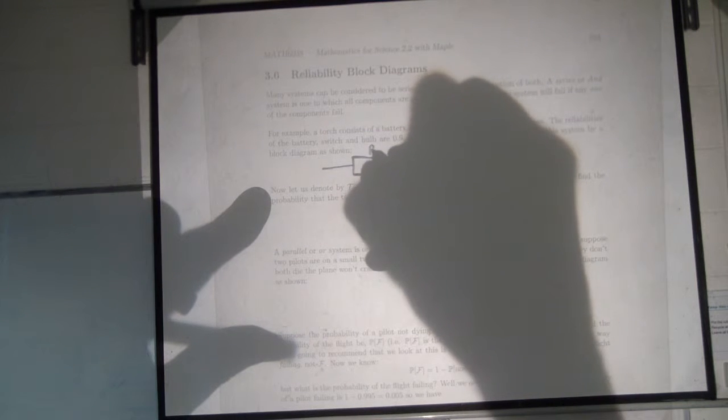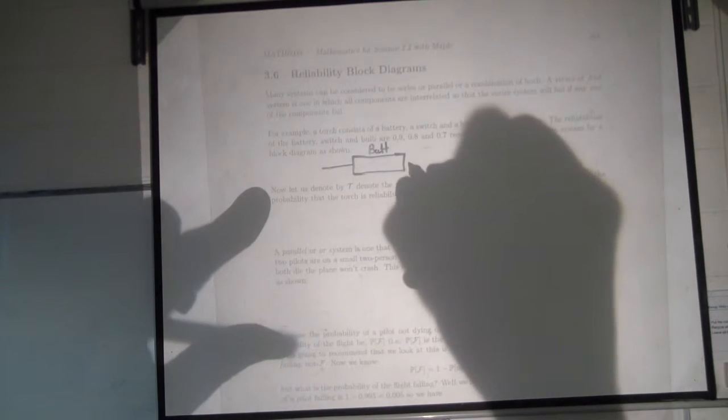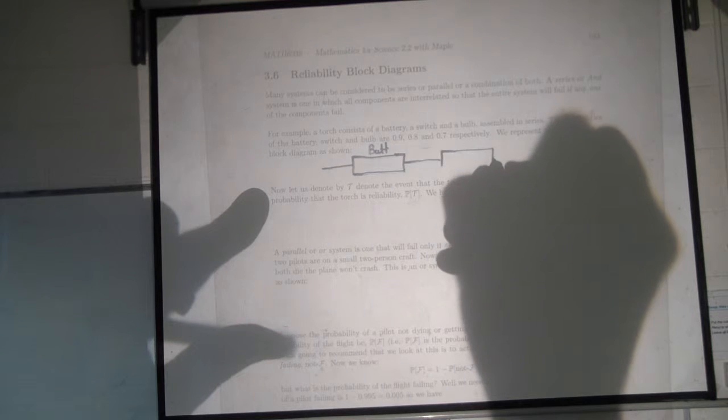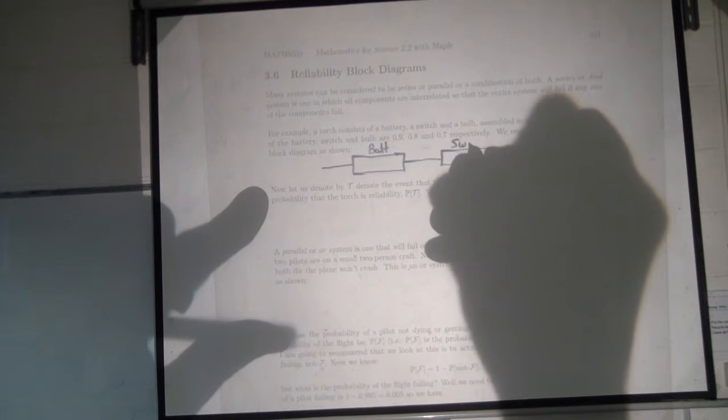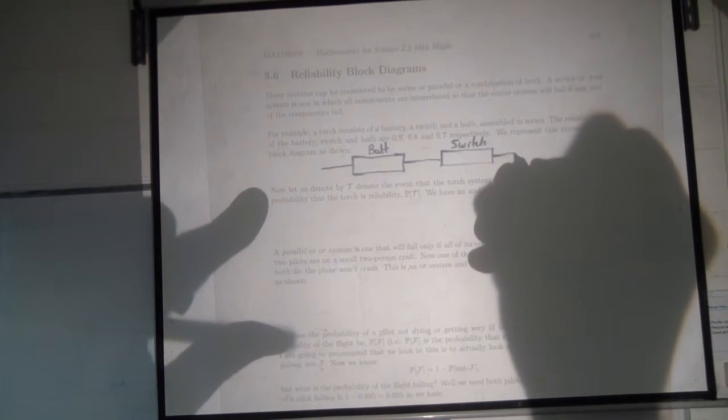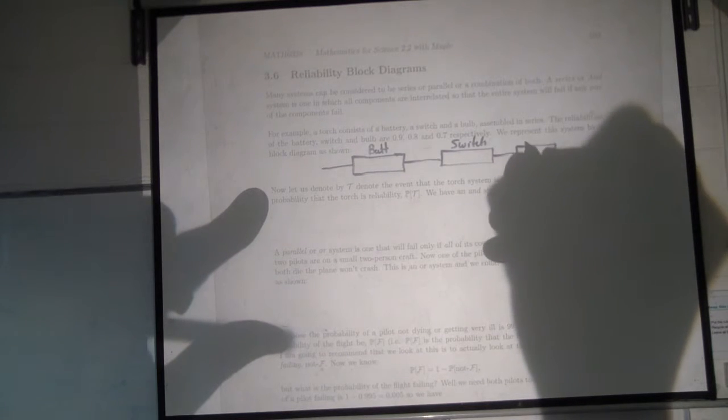I need the battery to work, I need the switch to work, I need the bulb to work, but you could put the bulb first, it doesn't really matter. We'll run with battery. So this has to work. We'll say the switch has to work, and we'll say the bulb has to work.